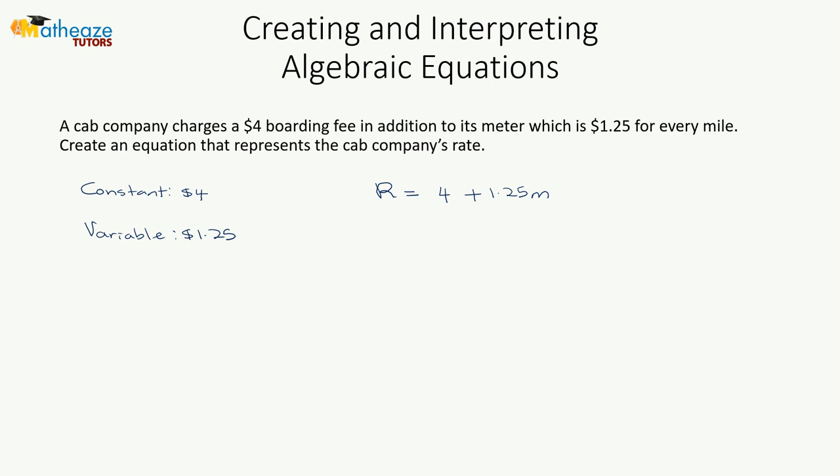So that means that the rate is going to change based on the number of miles that is traveled. So R equal to $1.25 per mile plus $4 boarding fee.